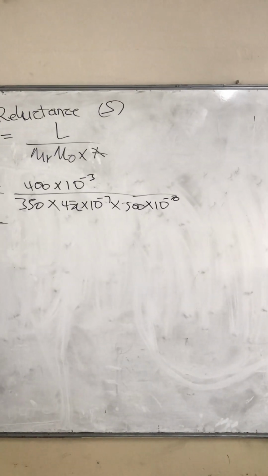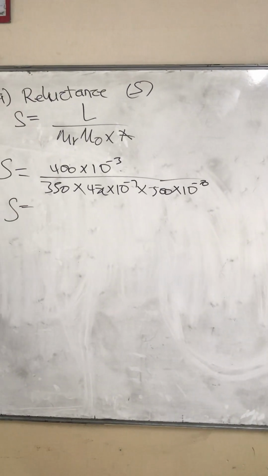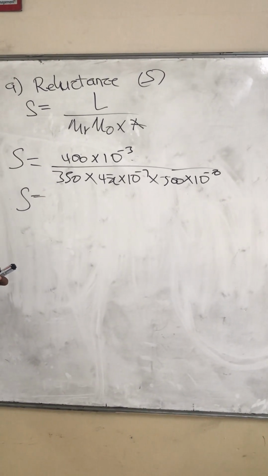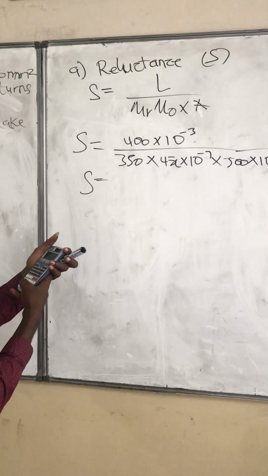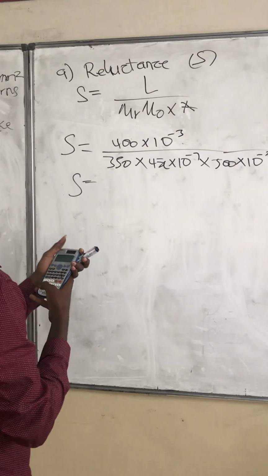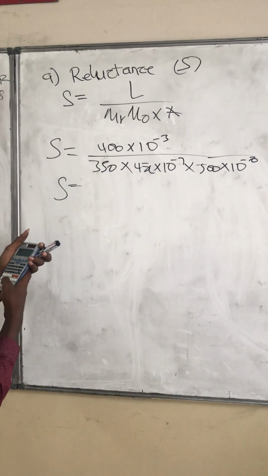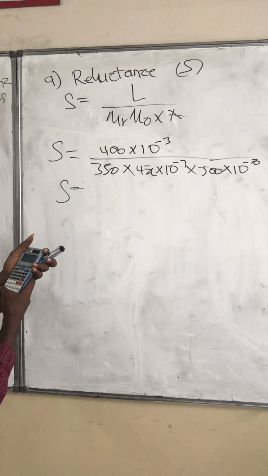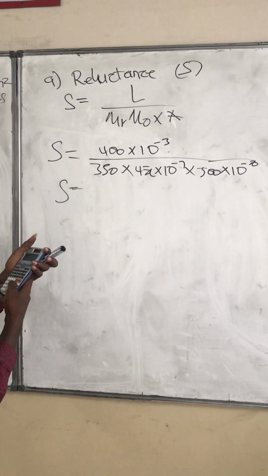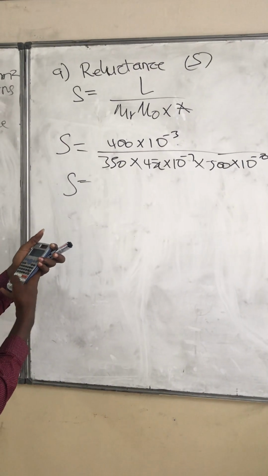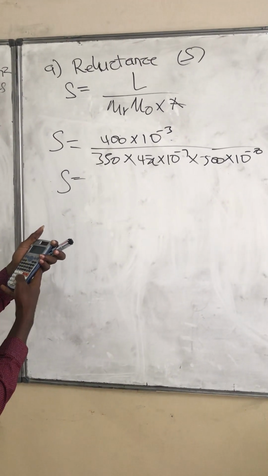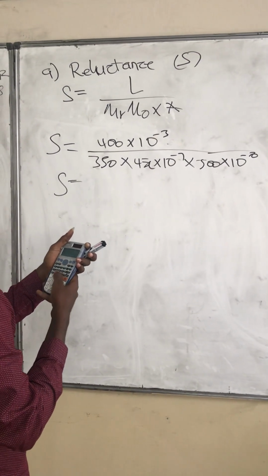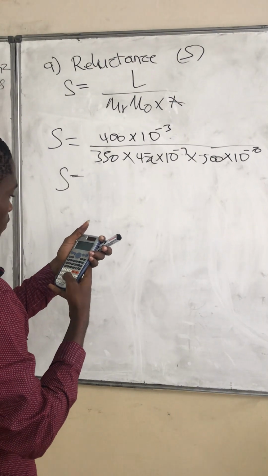So now let's punch it on the calculator. 400 times 10 to the power negative 3, all over 350 times 4 times 3.142 times 10 to the power negative 7 times 500 times 10 to the power negative 6.